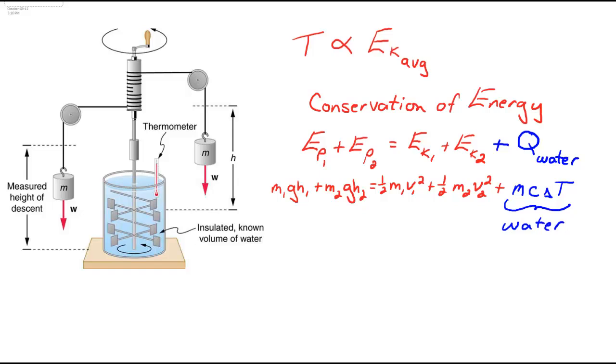Let's try the question with some actual numbers. Let's assume our original masses are both 1/2 kilogram. So each of these is 0.5 kilograms. And they're going to both fall through a distance h, and let's make that distance 2 meters.